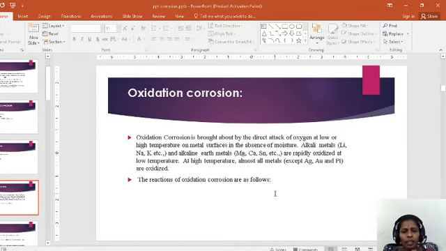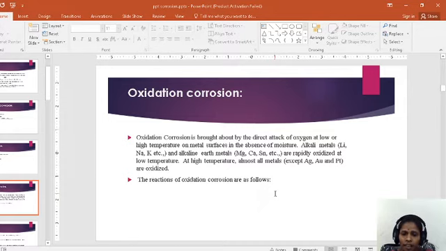But a few metals do not react with oxygen at any temperature, either low or high. Those metals are called noble metals. The well-known noble metals are silver, aurum and platinum.